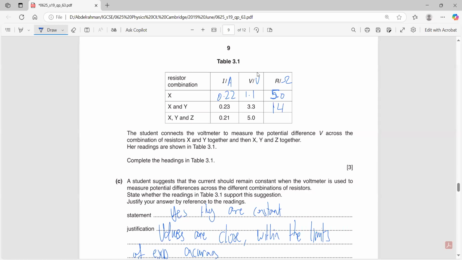And then 5 divided by 0.21, which is 24 ohms. I'm writing only two significant figures because the whole table is two significant figures.